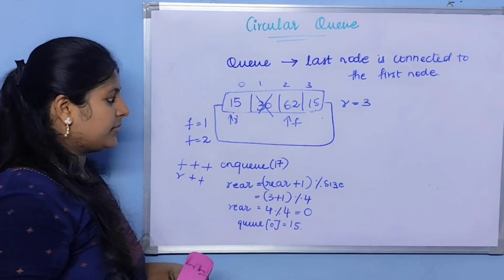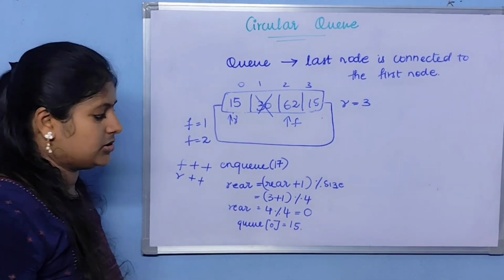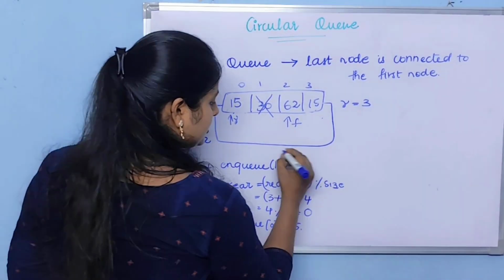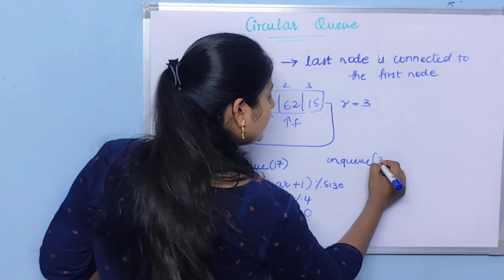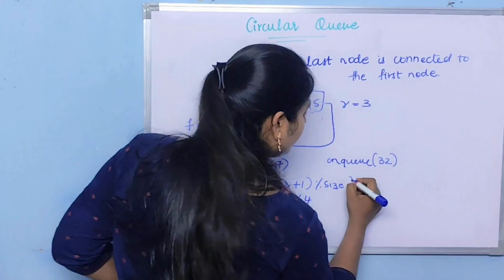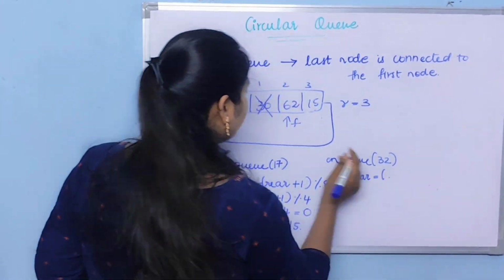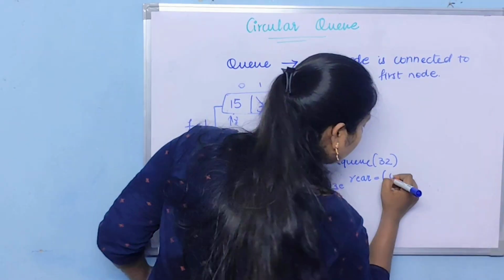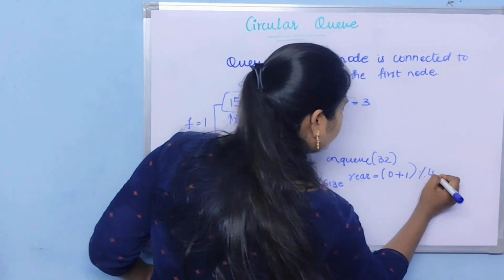Okay, I hope you understood. Now we'll try to insert one more element also. I have inserted one more element, enqueue 32. Now rear equals, what is my rear right now? 0 plus 1 mod size, which is 4.